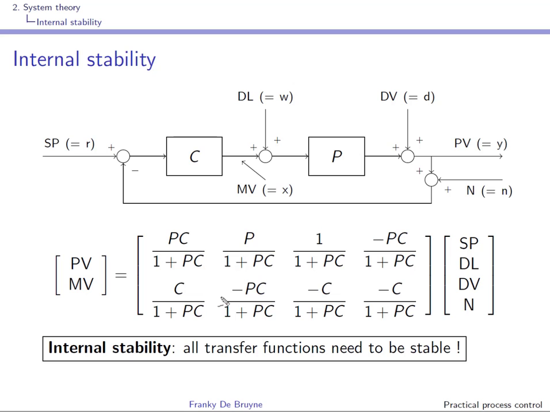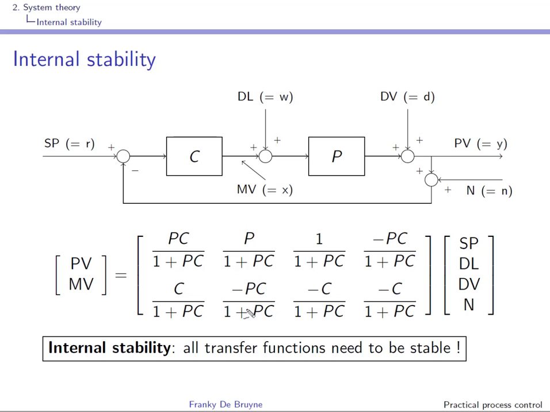And internal stability says that the system is internally stable if all the transfer functions that you see over here are stable. You will see in the next 2 slides that this concept of internal stability will prevent so-called unstable pole zero cancellations.